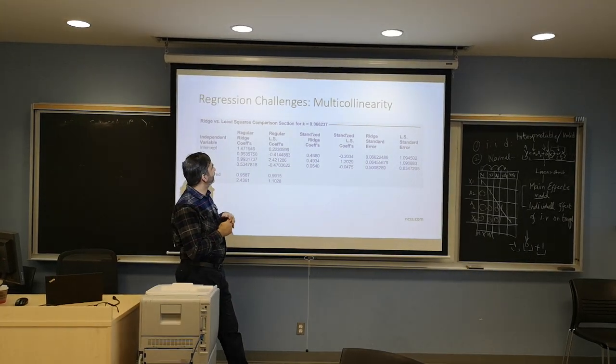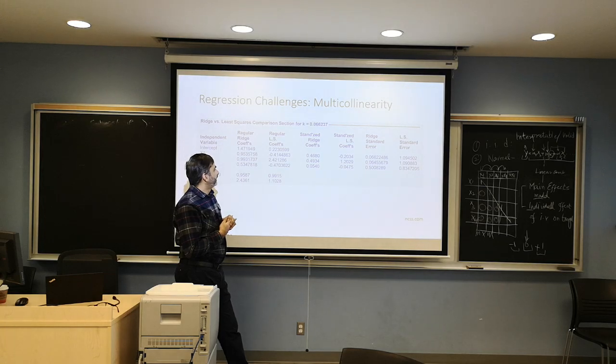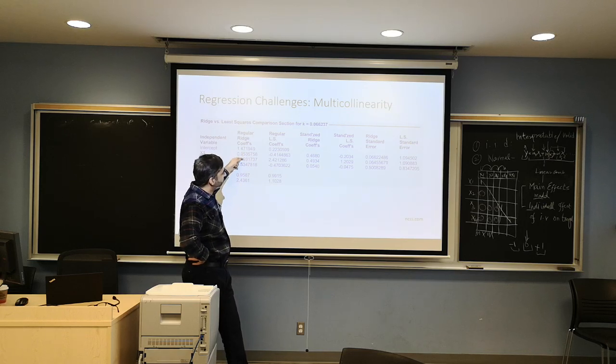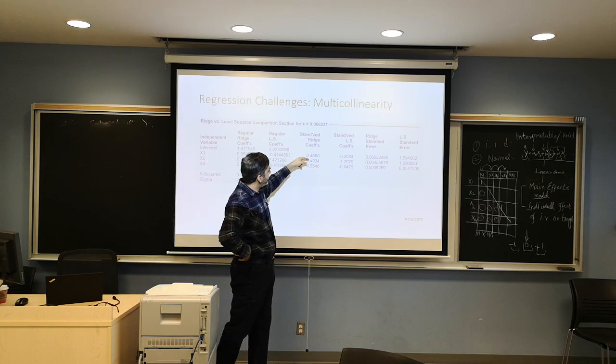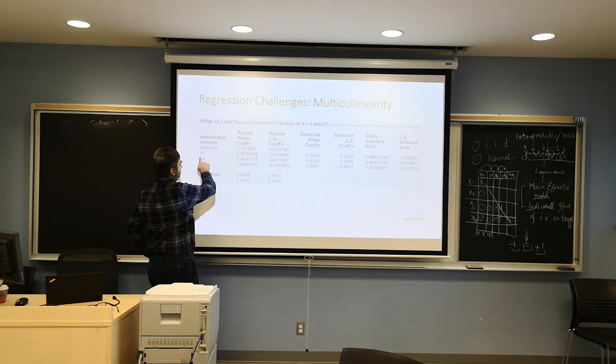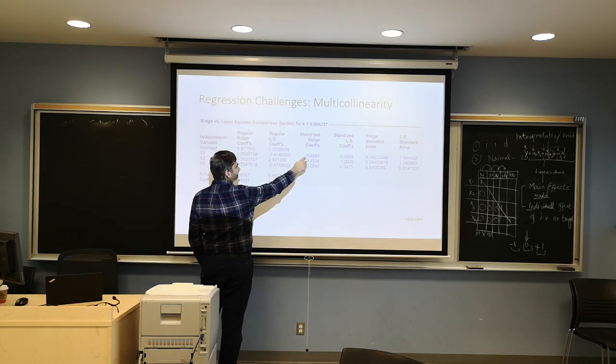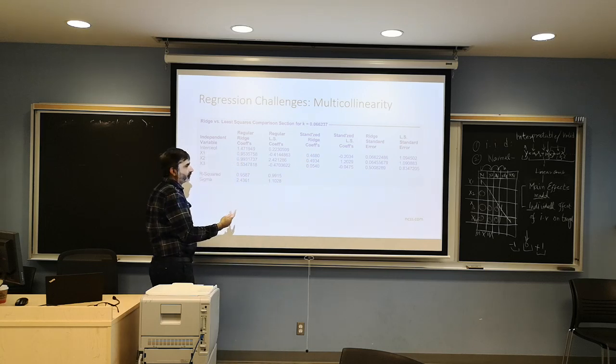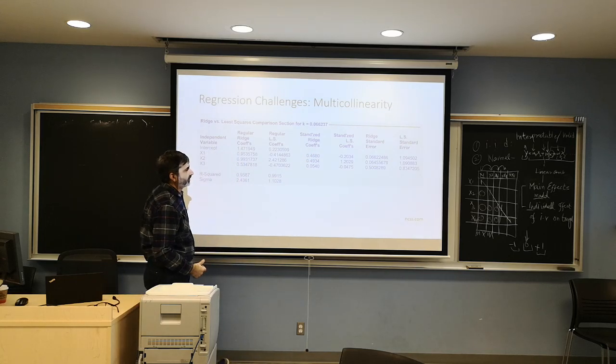We need to have another way. That way is ridge regression, where you can see the contribution is more justified. With standardized data, 0.46, 0.49. So every variable is having a more justified coefficient.